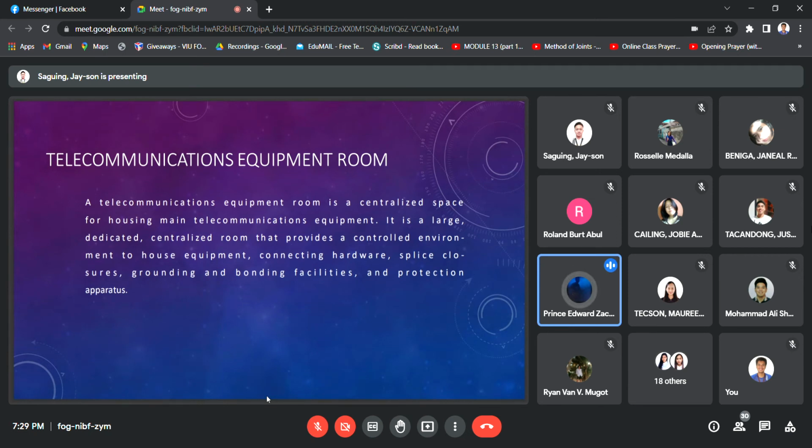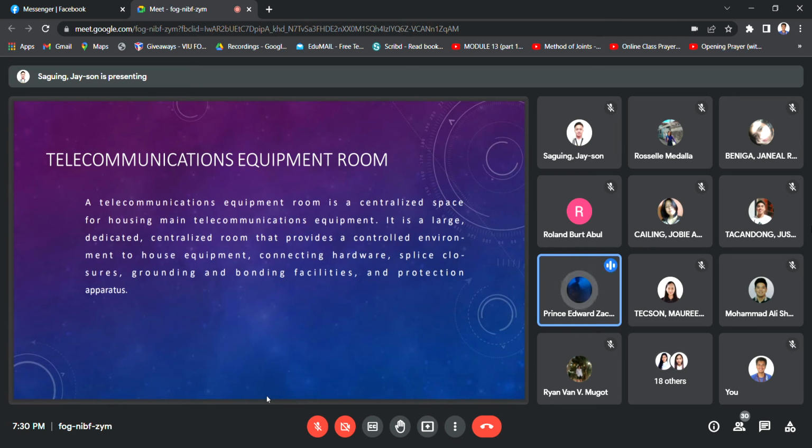It is a large, dedicated, centralized room that provides a controlled environment to house equipment, connecting hardware, splice closures, grounding and bonding facilities, and protection apparatus. This is where the equipment is placed and where the cables are distributed to the work areas. It is like a sortation center, where everything about the telecommunications equipment is used for distribution in the facility.